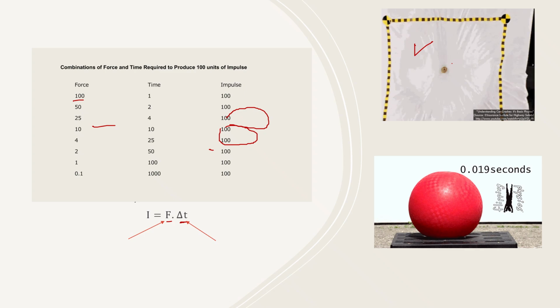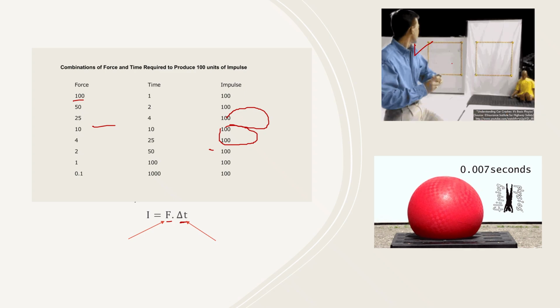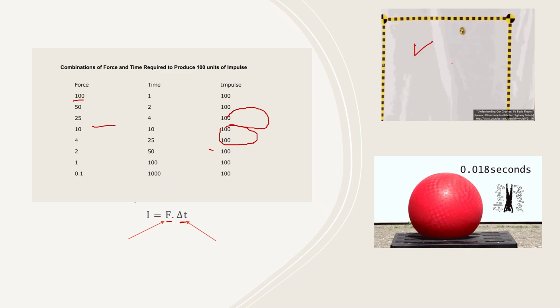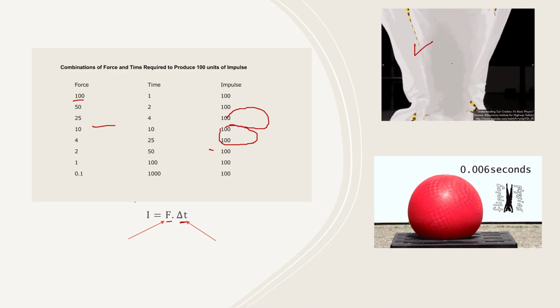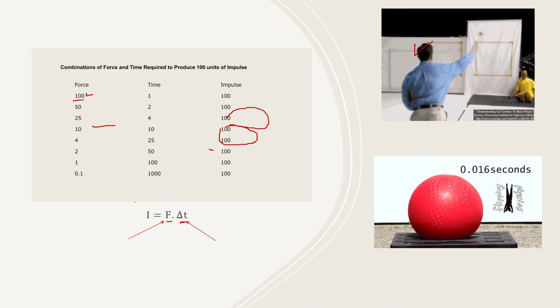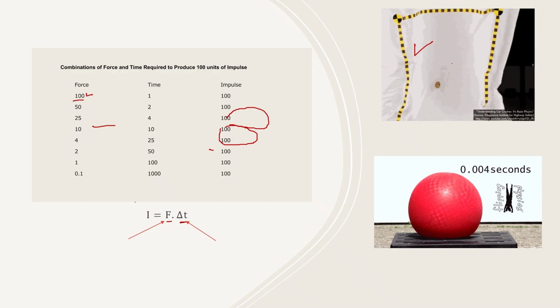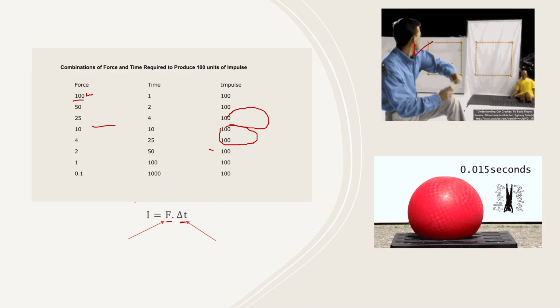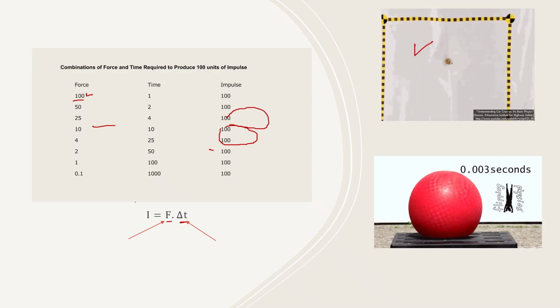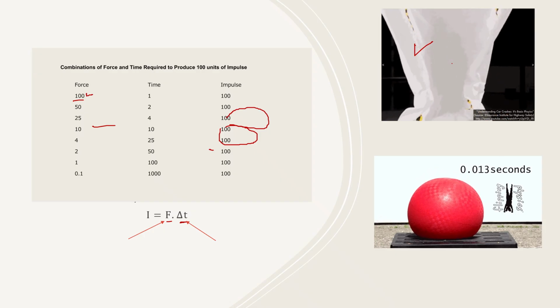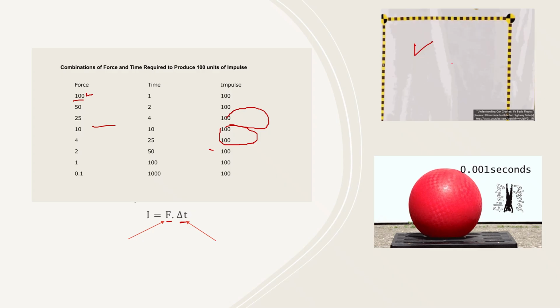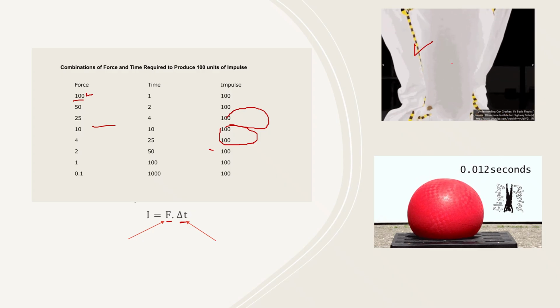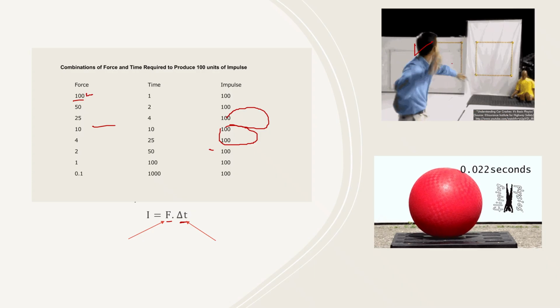Initially, if we want to keep the impulse the same, 100 units, then the force is 100 and the time is 1 second. When you multiply these two, you will get 100. In the second case, if you decrease the force to 50, then the time must increase to make the impulse 100 units.